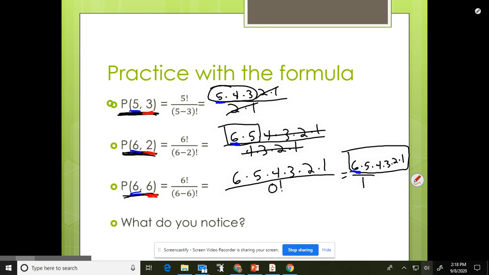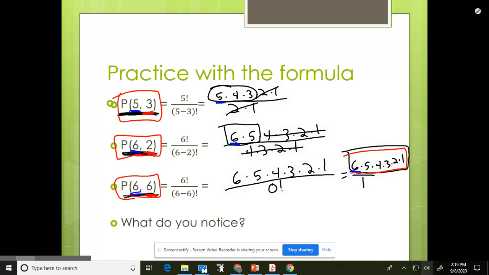So in this case, I had 5 objects, so arranging 3 of them, 5, 4, 3. This one, 6 objects, arranging 2 of them, 6 times 5, multiply 2 numbers. 6 objects, arranging 6 of them, started at 6, all the way down, 6 numbers takes you all the way down to 1. Okay? So, long story short, you don't really need the formula.